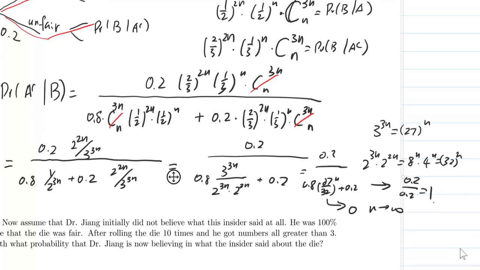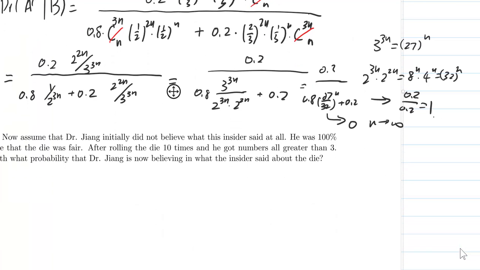Now let's try the last one over here. Let's assume that at the very beginning Dr. Chen doesn't believe this insider at all, that the initial belief that this die is unfair is 0, and he was 100% sure this die was fair.